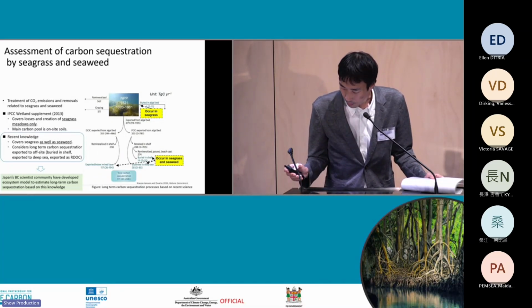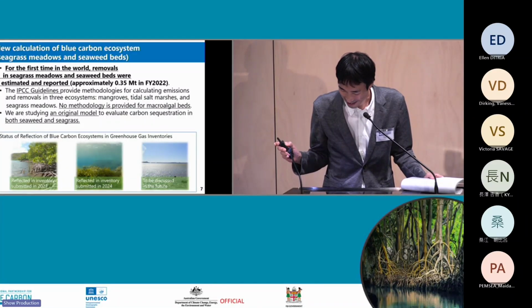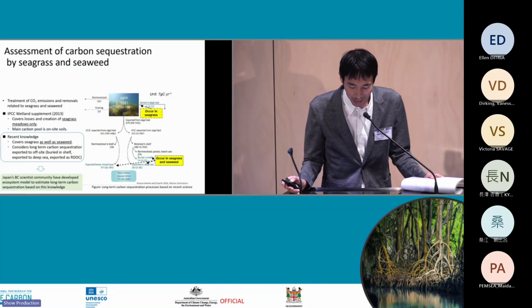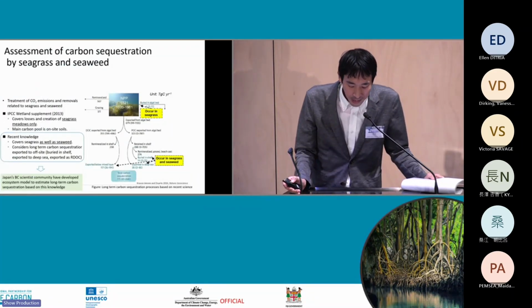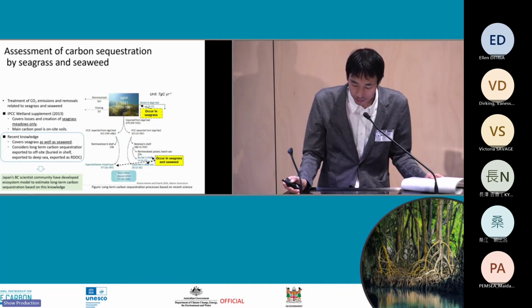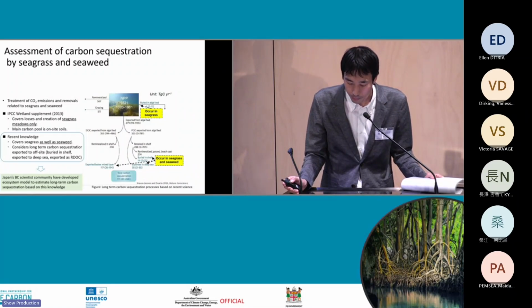This is the methodology. Recent academic knowledge shows that there are 4 different processes by which seagrass and seaweed fix carbon.